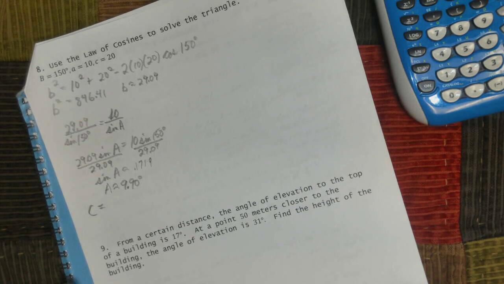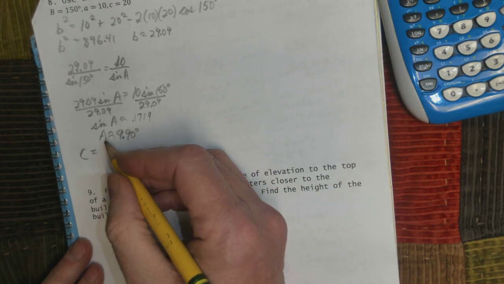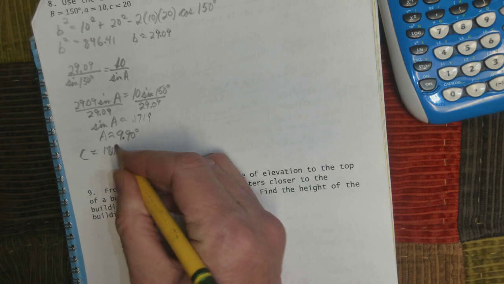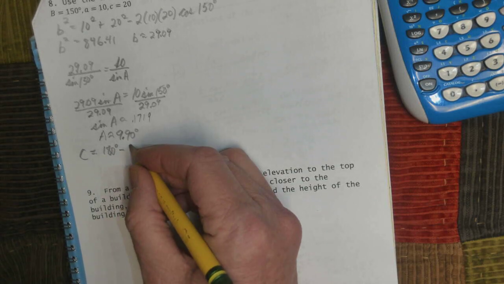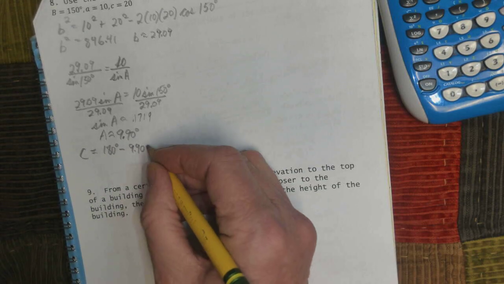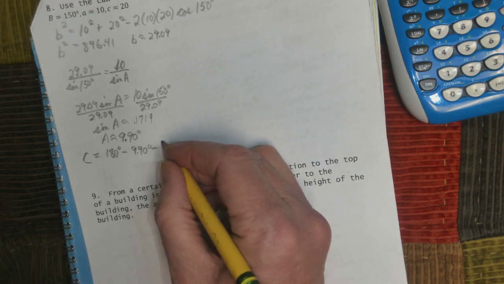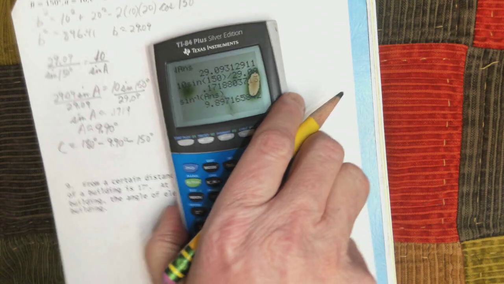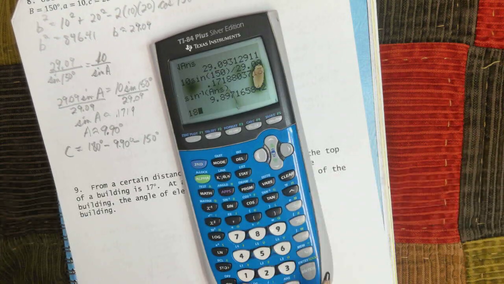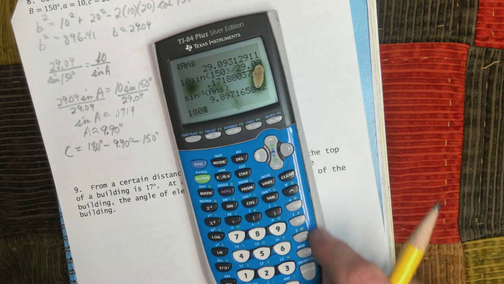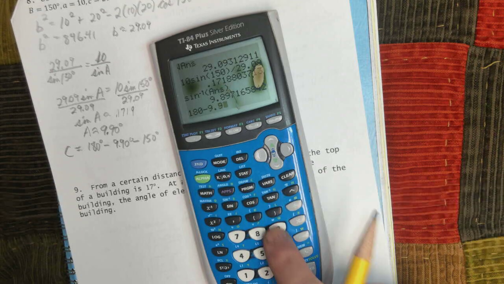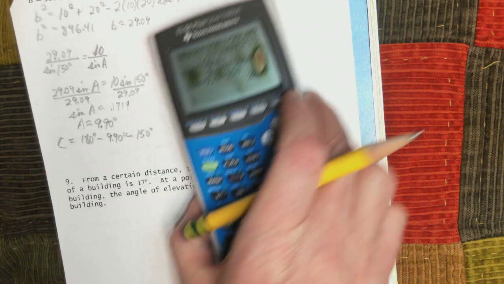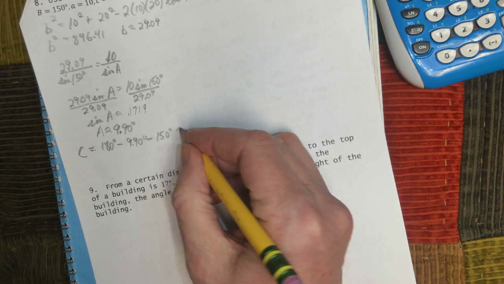But C is 180 degrees minus A, 9.90 degrees, minus 150 degrees. So 180 minus 9.9 minus 150 is 20.1.